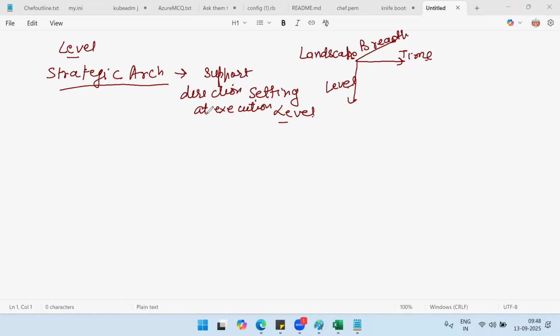For example, you have a database table, and tomorrow I need one more column for some other purpose.